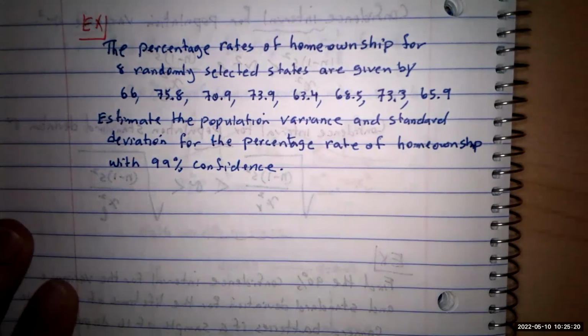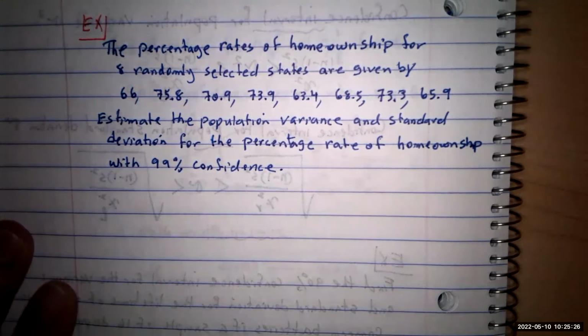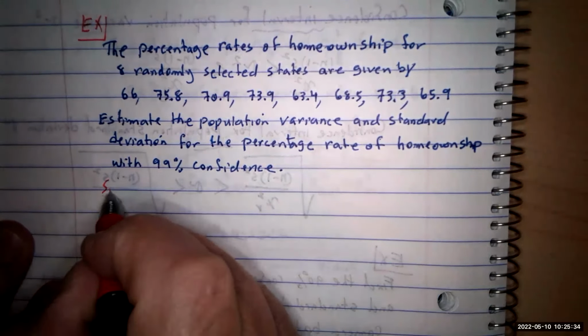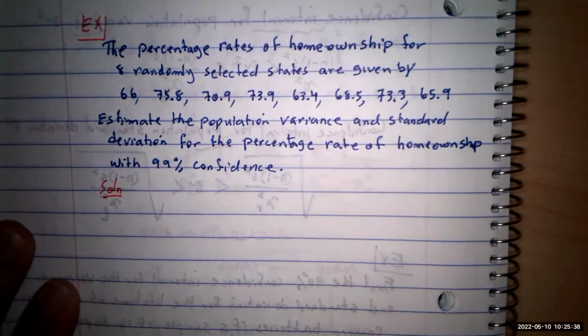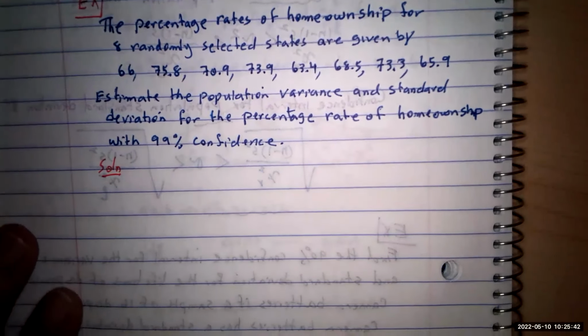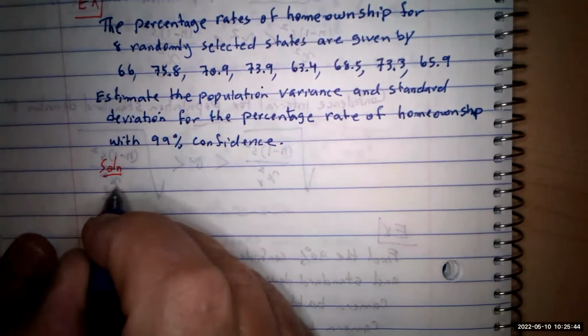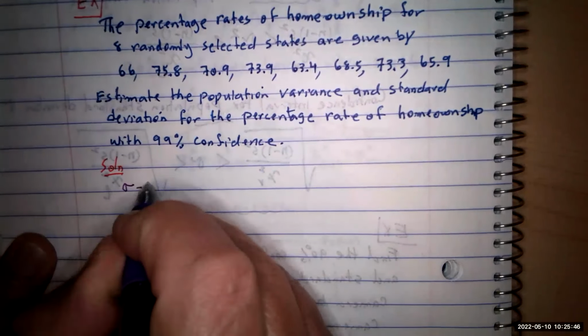For this problem, you read the problem carefully, you realize this is a confidence interval about the standard deviation. So you need sample information. So the solution is going to be, we read the problem to find out whether this is a confidence interval for the proportion, for the mean, or the standard deviation. This is going to be for the standard deviation.